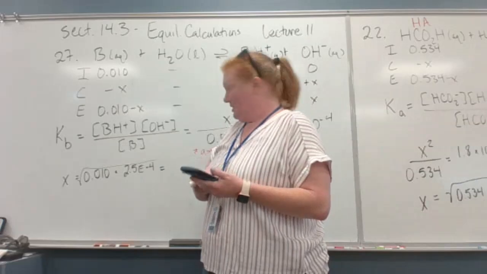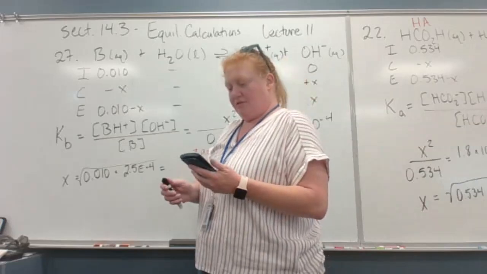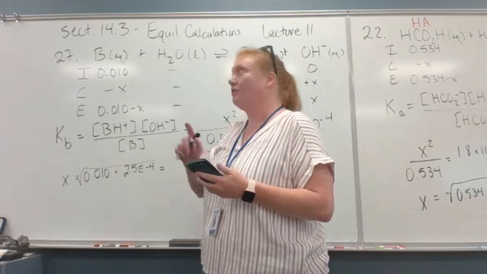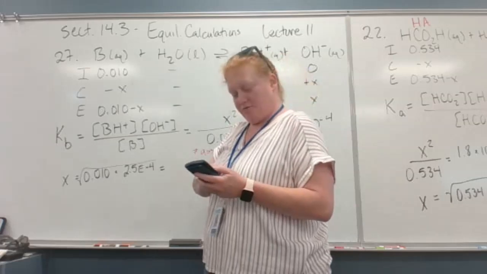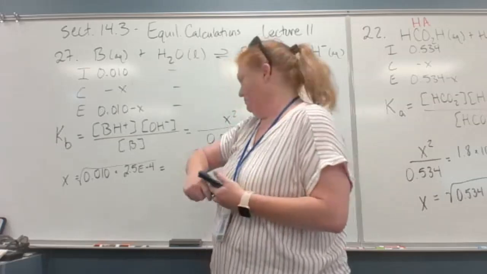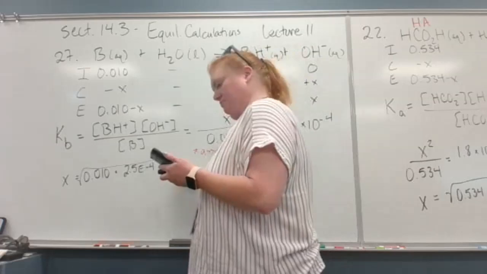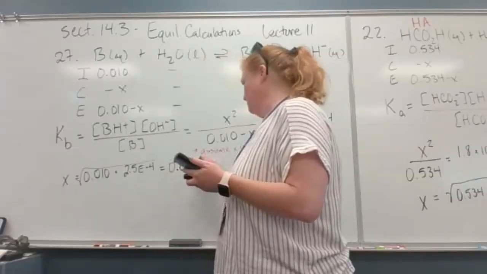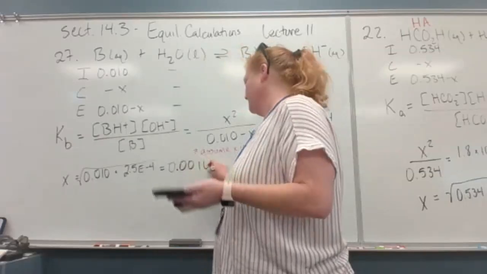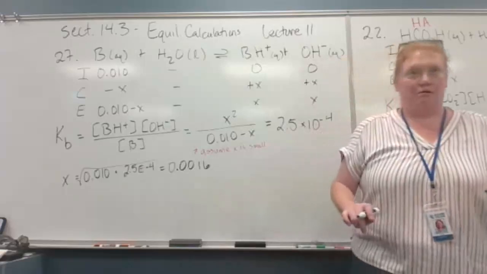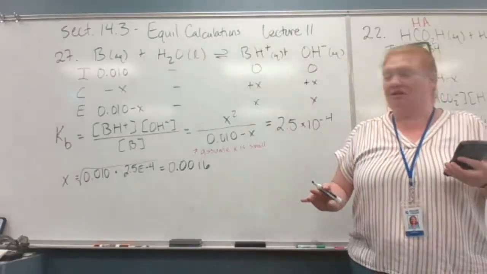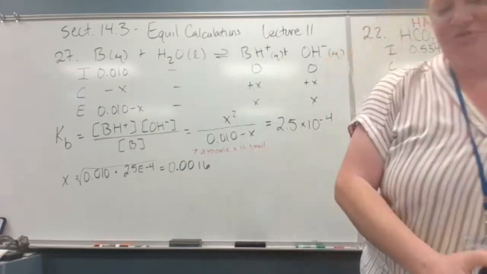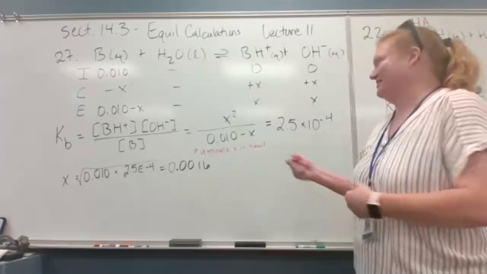So I should be times 10 to the negative 5th now, right? Then square root. 2 sig figs. Okay. So when I check, let me just write my check.